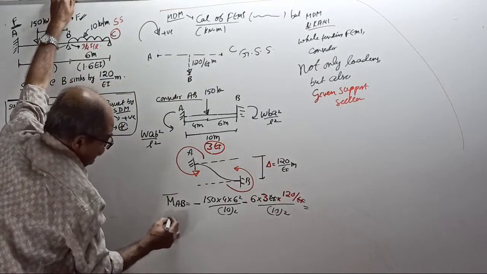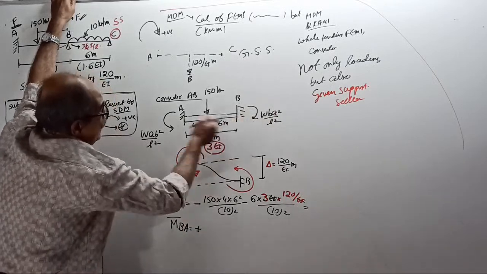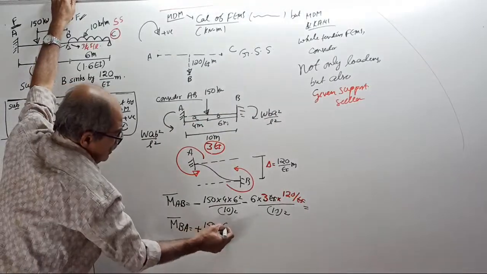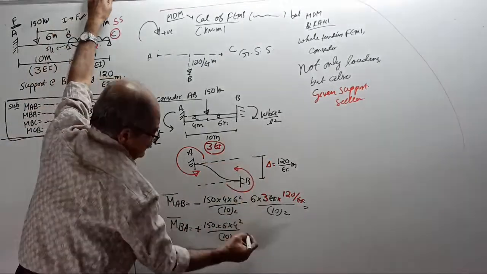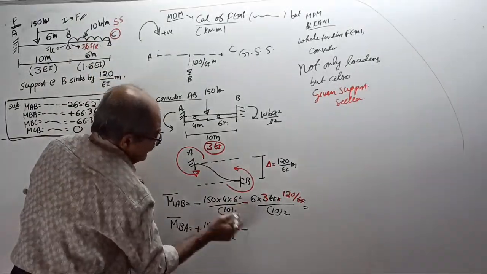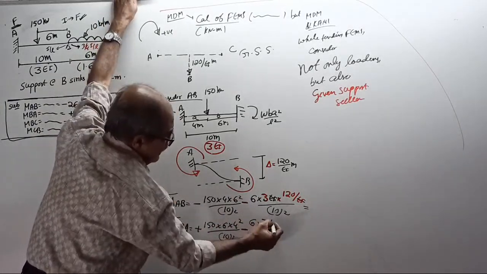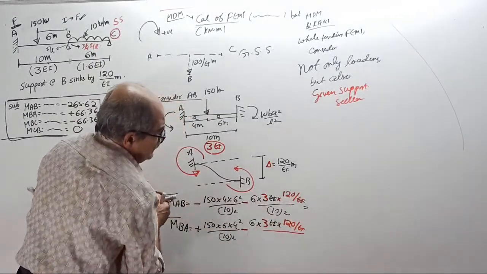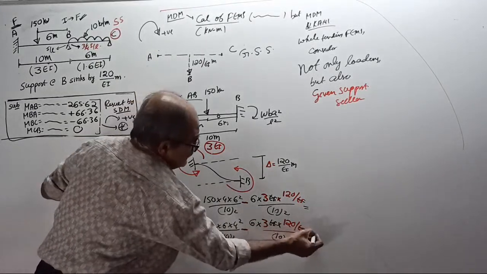Then M bar BA is plus clockwise W a square b by L square, that is 150 into 6 into 4 square by 10 square. Then minus, this is also a minus: minus 6 into 3 EI into 120 by EI divided by 10 square. EI cancels.